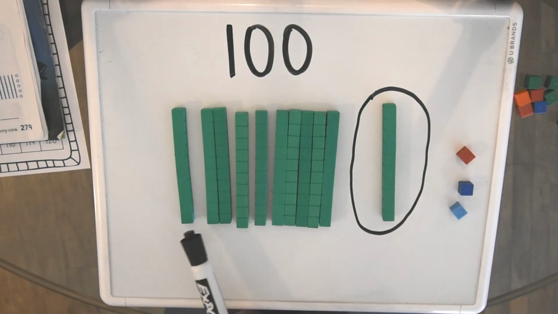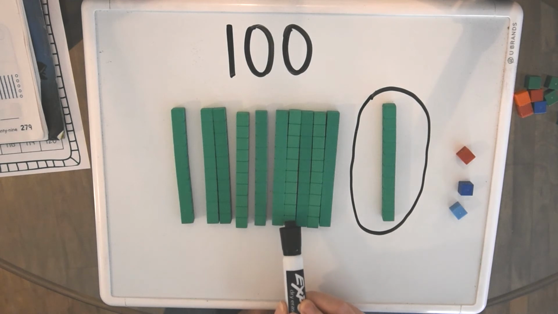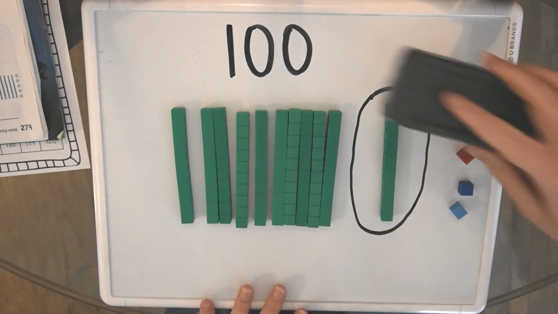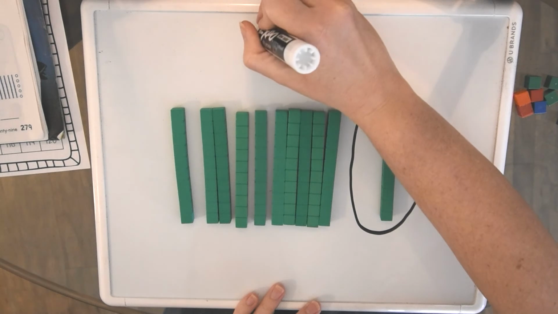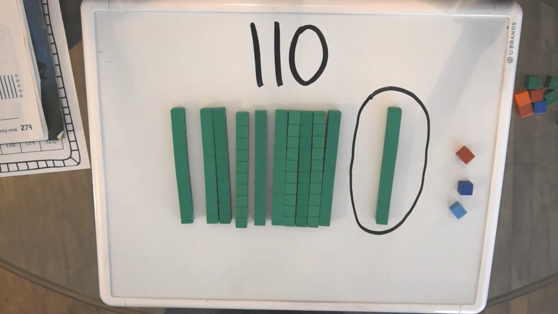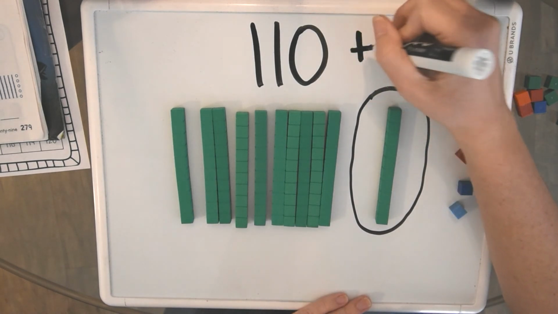So now I'm going to count my 10s again to see how many I have. 1, 2, 3, 4, 5, 6, 7, 8, 9, 10, 11 10s. And do we remember what 11 10s equals? 110. All right, so now I have 110 plus 3 more 1s.